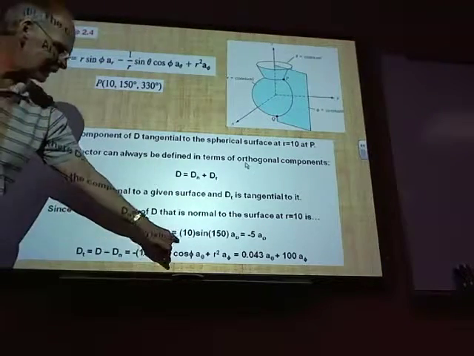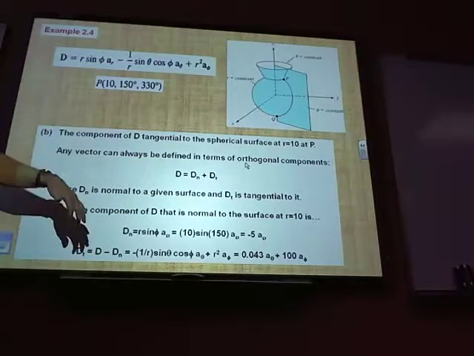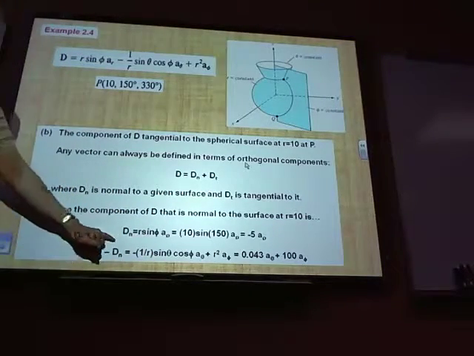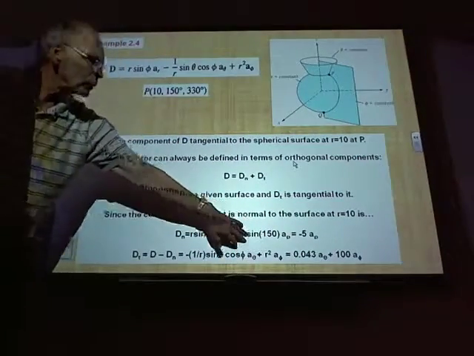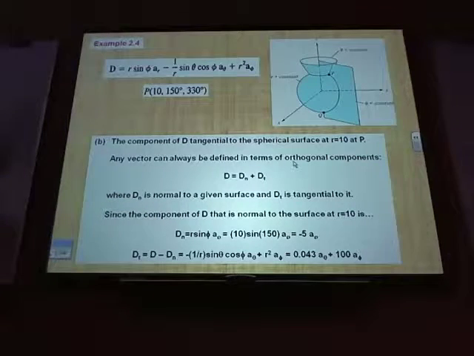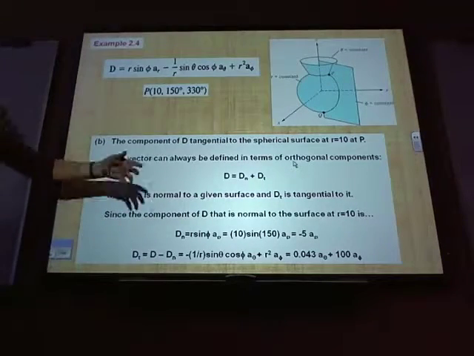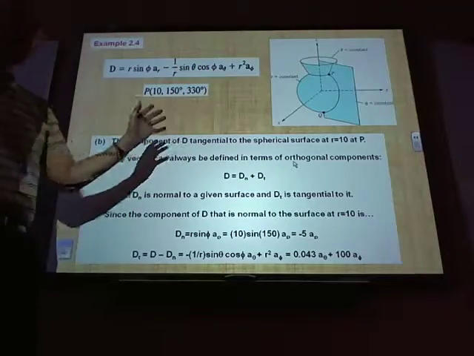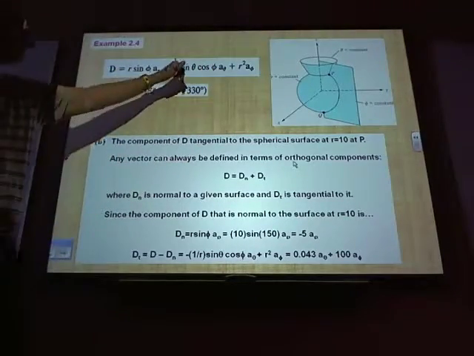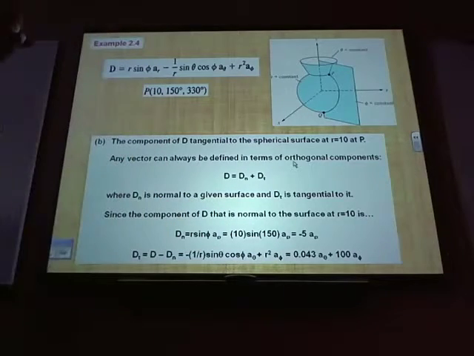So my normal component will be this a sub r term right here. It's minus 5 a sub r. If I want to know my tangential components, it's whatever's left over. Those are my tangential components right there, aren't they? It's just my original B minus this right here, and that gives me my other terms. And then all I do is substitute in the values for it, and that's my balance.